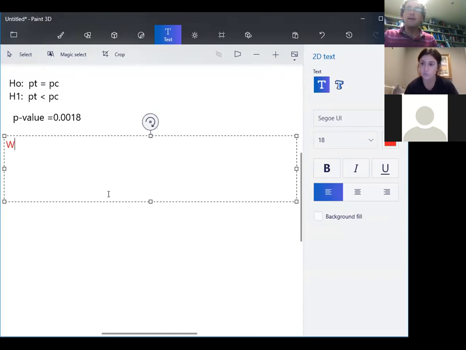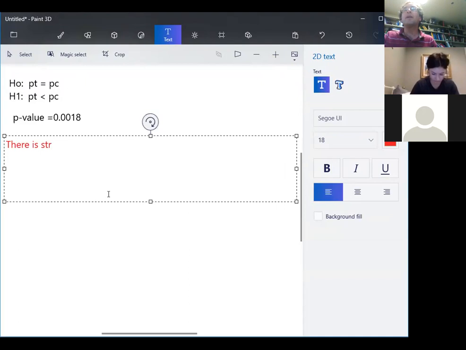So we can say there is, I'm going to write strong because 0.0018 is very small. It's not like 0.04, it's really tiny.